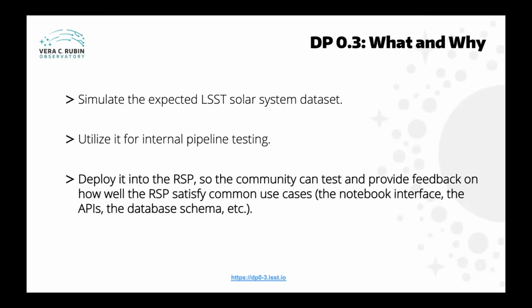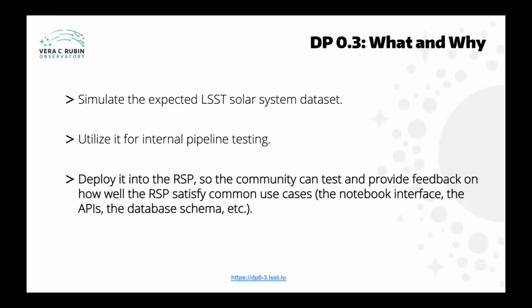So with this data set, we would like you to go and try doing some of the science that you may be imagining you would be doing with Rubin, and tell us what's the user experience. Does the notebook interface satisfy your requirements? Are the APIs good enough? Does the database schema look useful, et cetera?